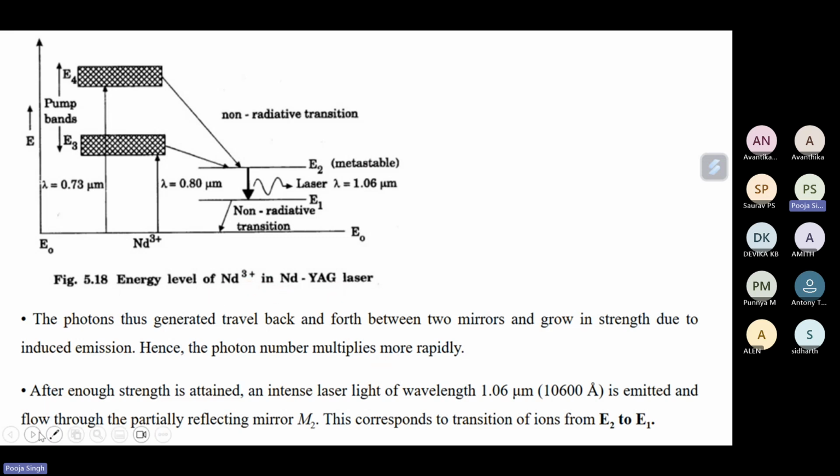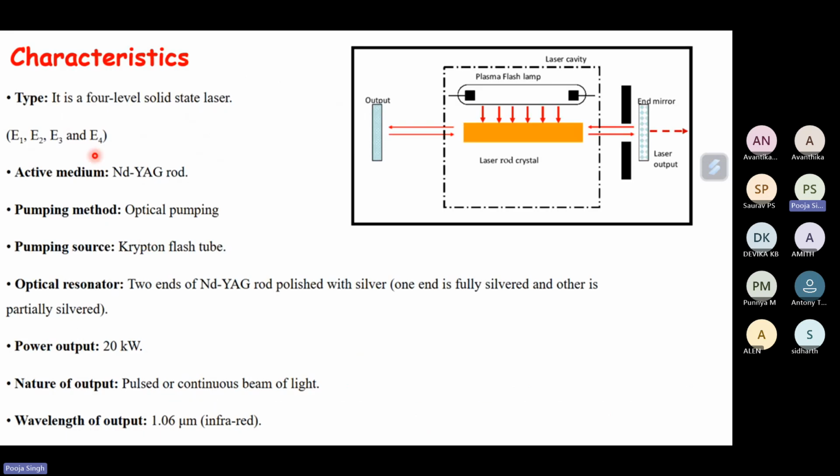Okay, simple. Now the thing is the characteristics. The characteristics are also the same. You will have E1, E2, E3, E4 levels. The active medium is your rod, and the pumping is optical pumping, and the pumping source that we are using is the krypton flash tube.